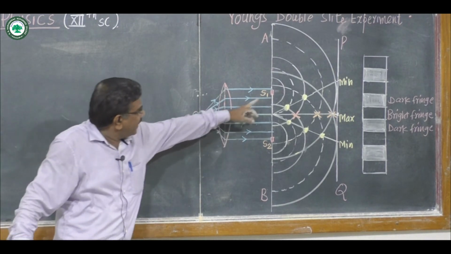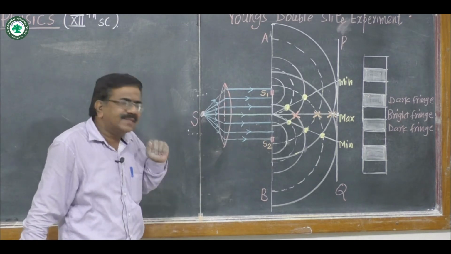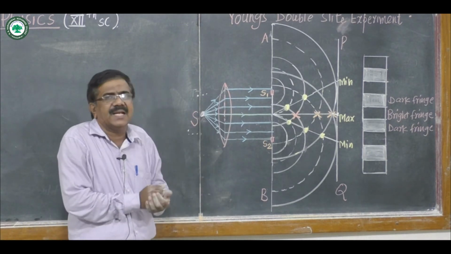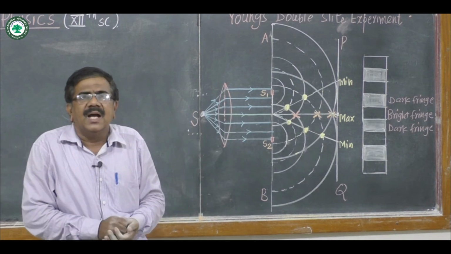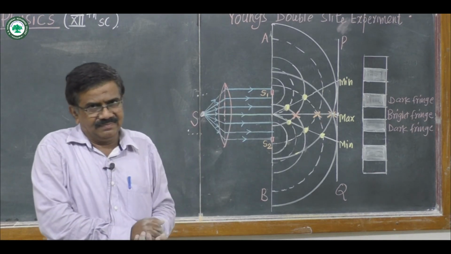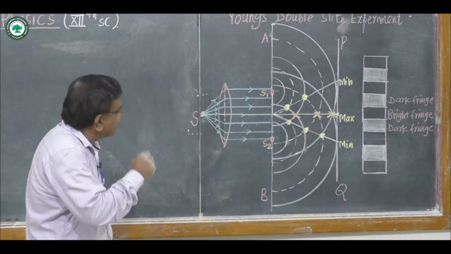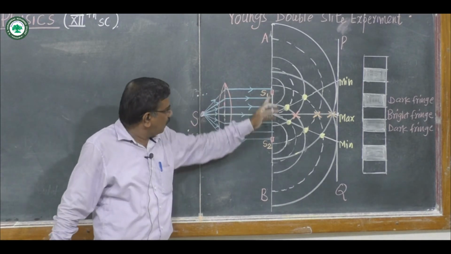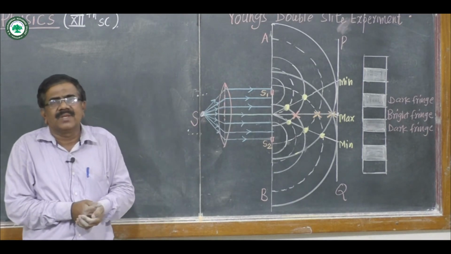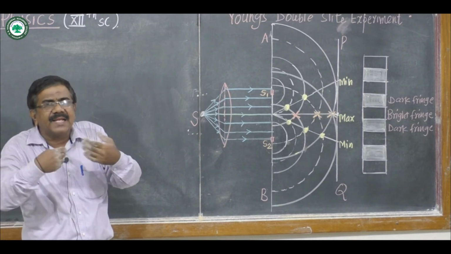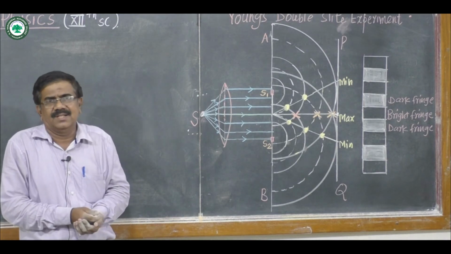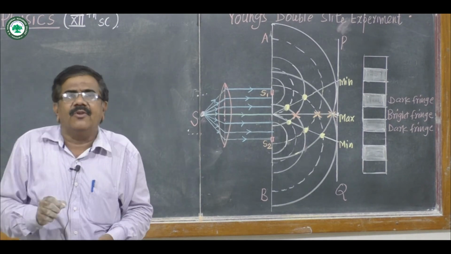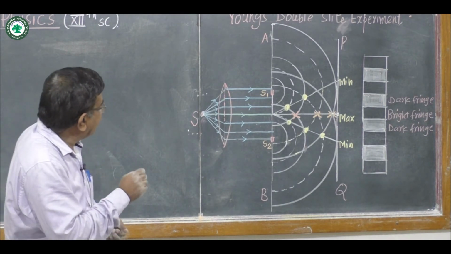Now S1 and S2 are at the same distance from the source S. The waves reaching S1 and S2 are in the same phase and they act as secondary sources of light, emitting secondary wavelets in the form of alternate crests and troughs.